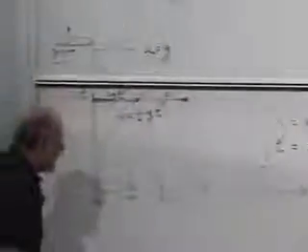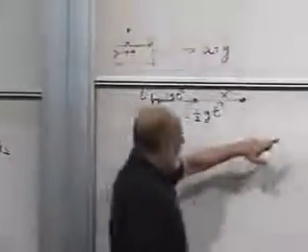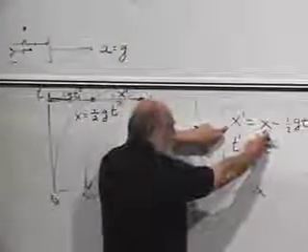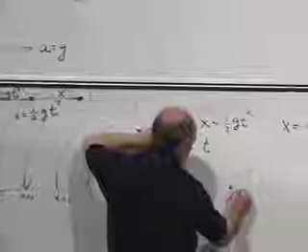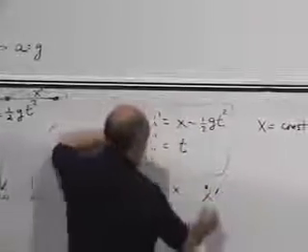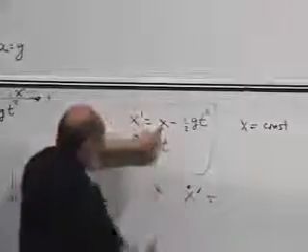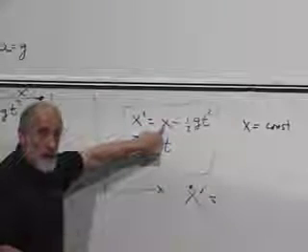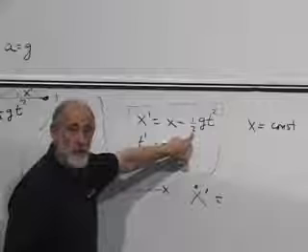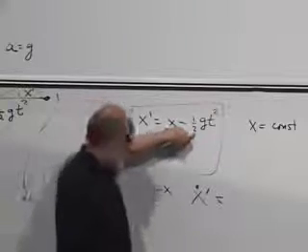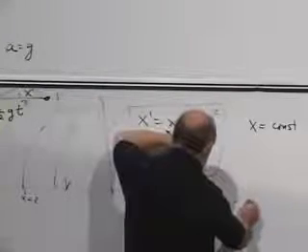What does it say about the velocity? If x is standing still and we differentiate this, we get the velocity in the primed frame of reference, 0 from differentiating x, standing still in my frame of reference. But what happens if we differentiate minus 1/2 gt squared? Minus gt.